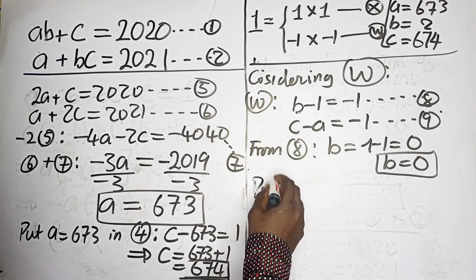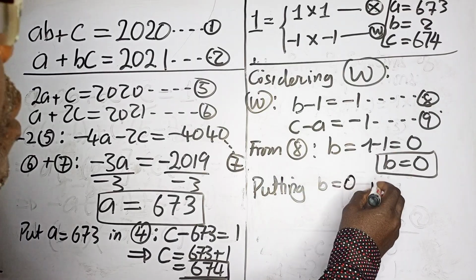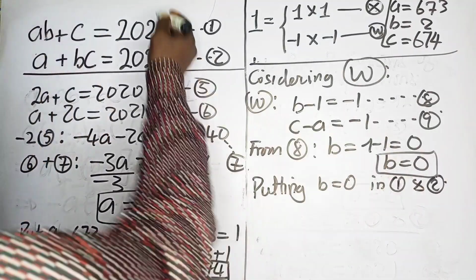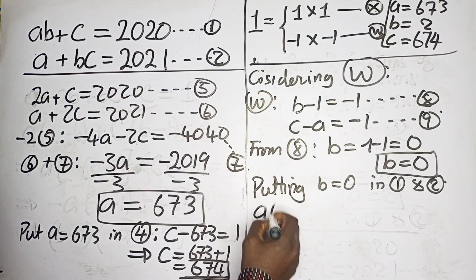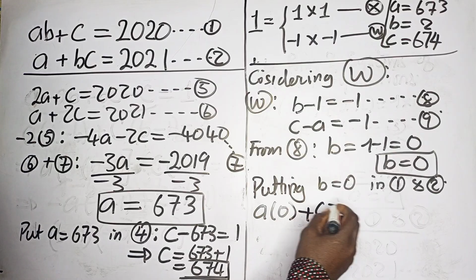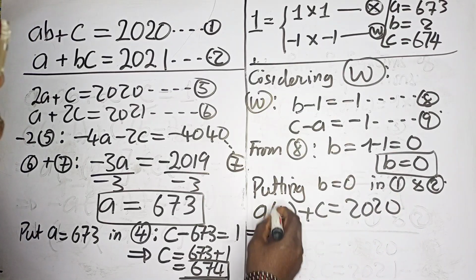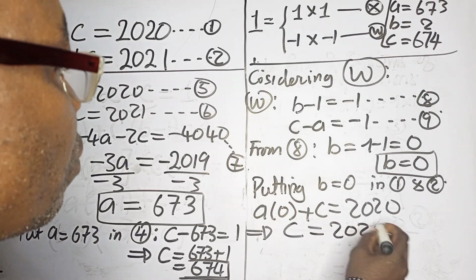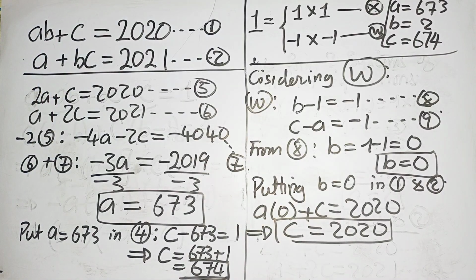Putting b equals 0 in equation 1, our original equation, we obtain a multiplied by 0 plus c is equal to 2020. This simply means that c is 2020. We've just gotten the value of c.